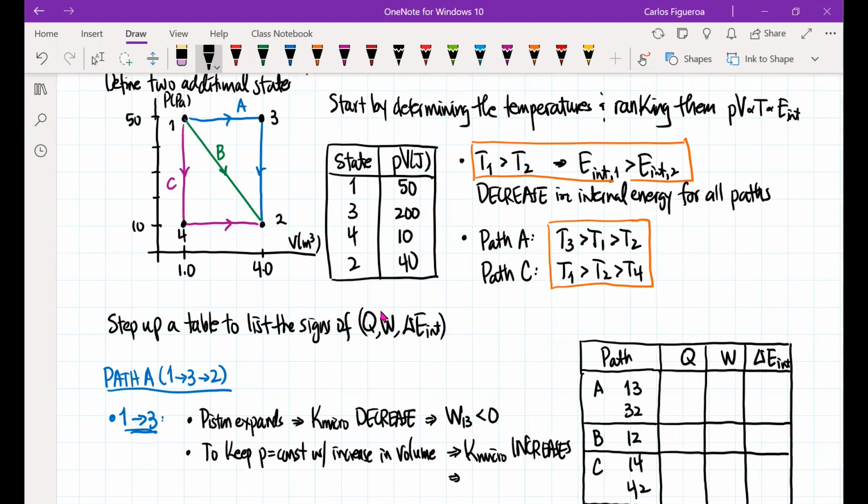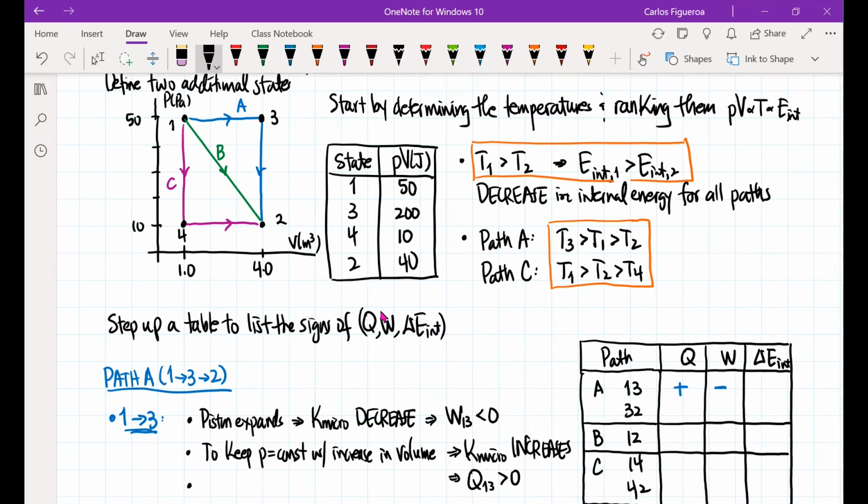And if it increases, that means that the heat from 1 to 3 must be positive. So I'm going to come in here right away, and I could see that from 1 to 3, this is positive, this is negative.